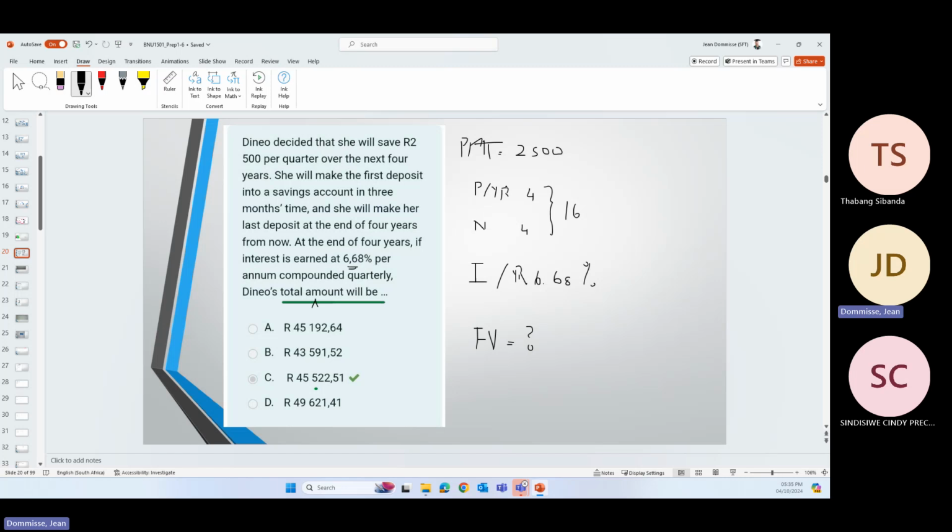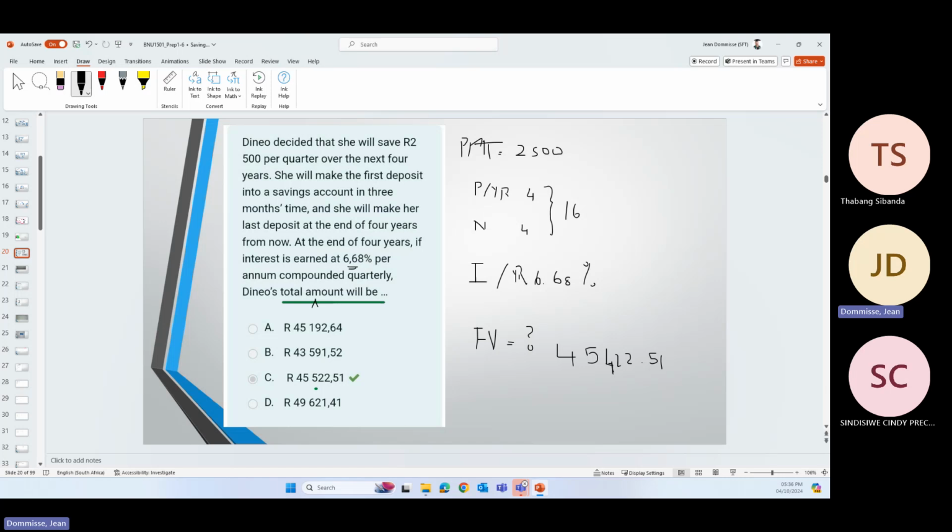That gives me 16 periods, then 6.68% interest, and then if I get my future value, it's actually a bit different to that. It's 45422.51. So obviously they made a mistake here in the answer because that should have been the correct one, but it should be 45422.51.